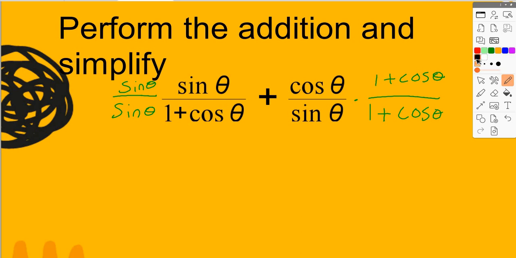So then we're just multiplying. So on our first one, I have sine squared of theta. And then I'm just going to leave our denominator in factor form. We're still adding. Now notice that my cosine is being multiplied by all of that. So what do I have to do?